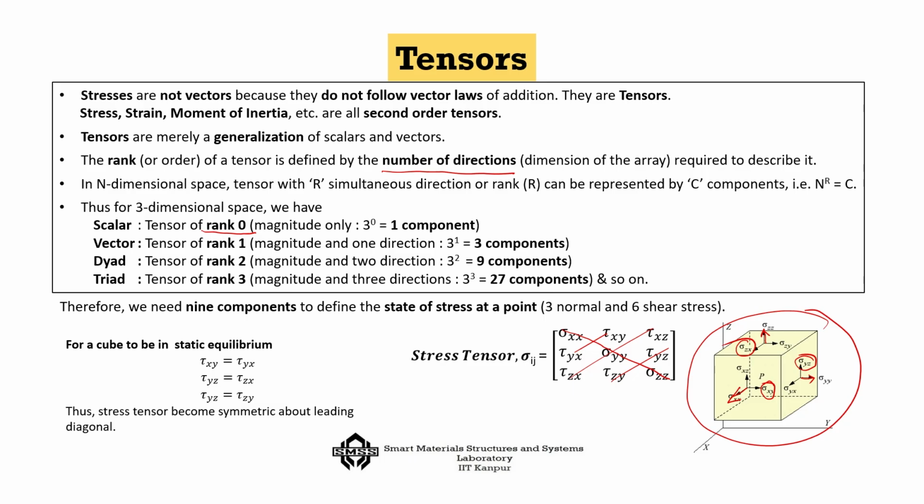That is a scalar, so that is of one component only. Now, if you have to have a magnitude as well as a direction, then it becomes rank 1 and it becomes a vector.